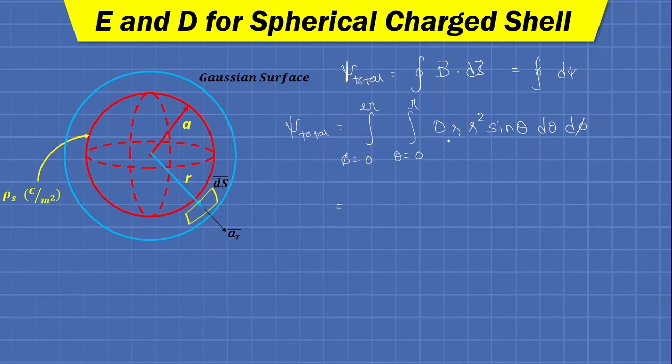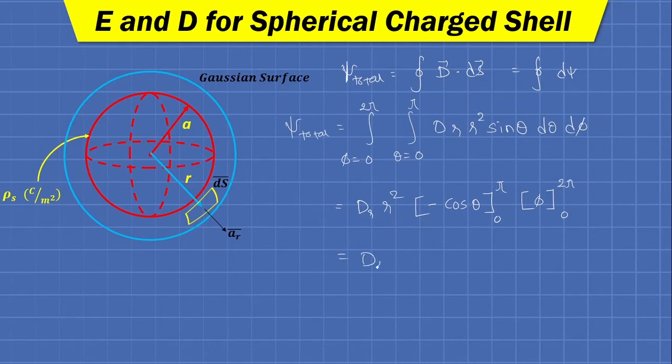Now to perform the integration, Dr and r square come out as constants. The integration of sin theta with respect to theta is negative cos theta, with lower limit 0 and upper limit pi. We do not have any variable of phi, so the integration of 1 with respect to phi is phi itself, with lower limit 0 and upper limit 2 pi.